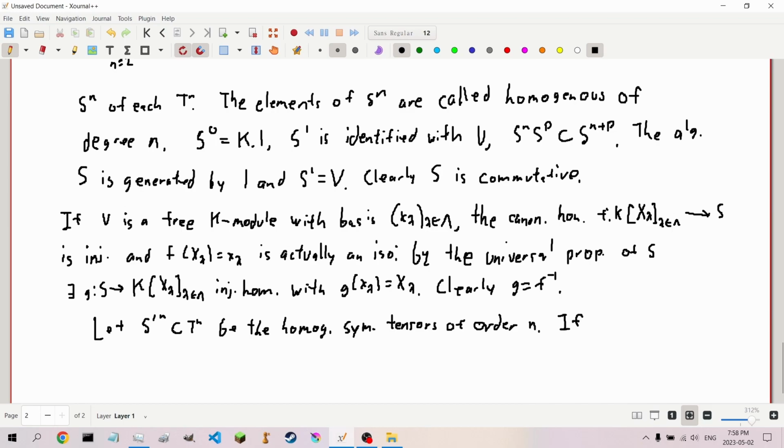If K is actually a field with characteristic of K equals 0, then we have that S prime n and the intersection of I with Tn are actually supplementary inside Tn, of course. Let's write this as a theorem.